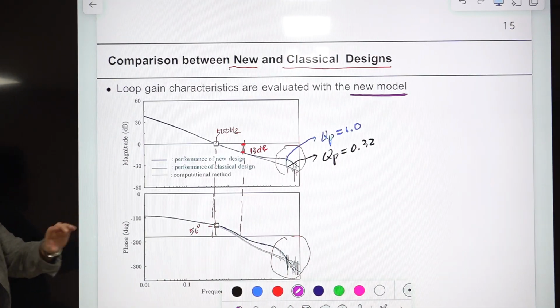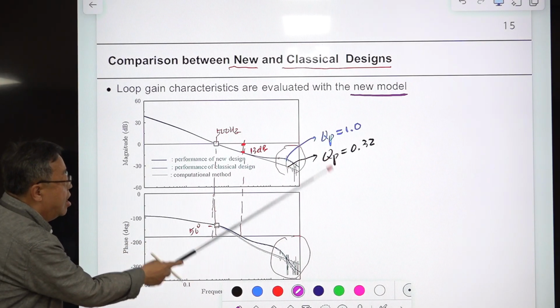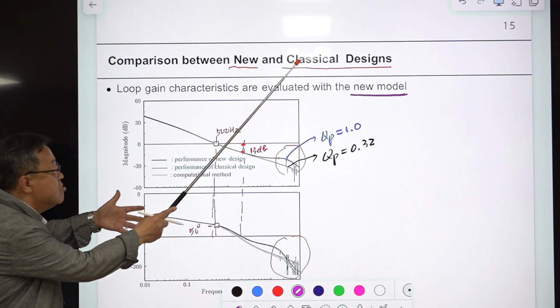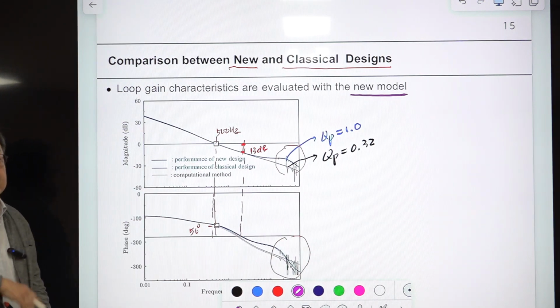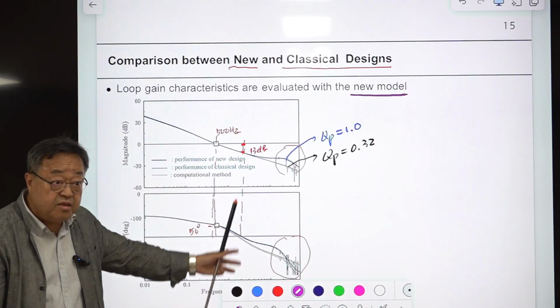So the new model is more accurate regardless of the value of Q, small Q or large Q. So the new model is accurate in this sense, right?